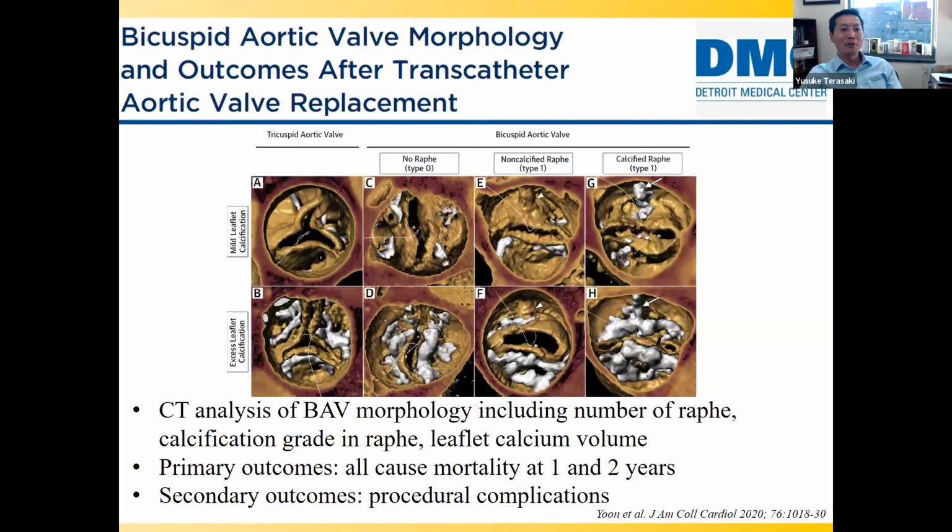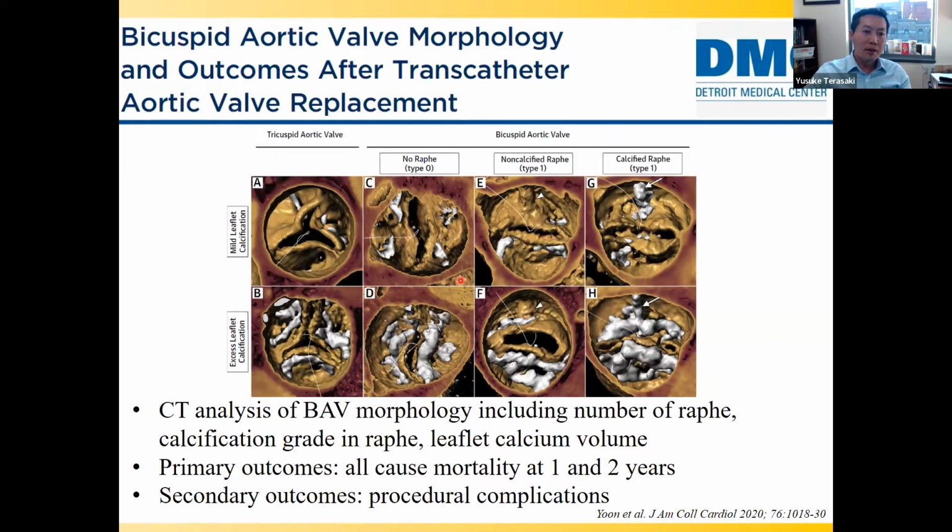This is actually pretty incredible. Again, the primary author is different, but this is the same group out of Cedars-Sinai, which looked at the different morphologies of the bicuspid valves. This is a little busy slide, but I want you to take a closer look. They analyzed all bicuspid valves and separated them into the no raphe group.